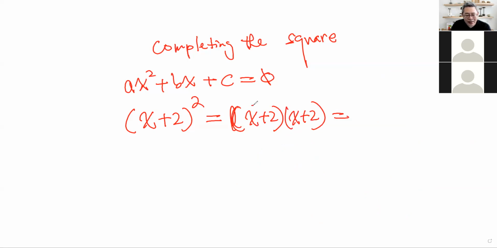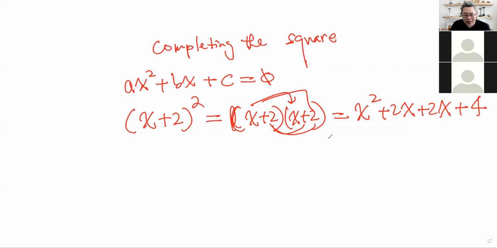We got x squared plus 2x, then plus 2x, and 2 times 2 is 4. So it's x squared plus 4x plus 4. This is the first example.